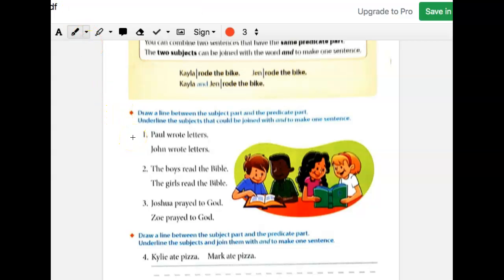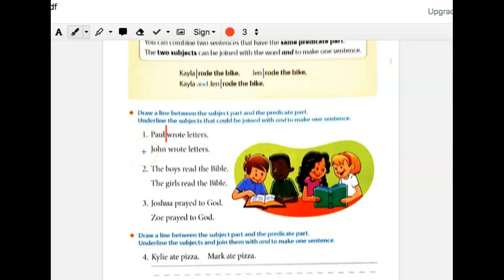Number 1. Paul wrote letters. John wrote letters. For the first sentence, where do we draw the line to split between the subject part and the predicate part? Well, the sentence is about Paul, and wrote letters tells us what Paul is doing, so we draw the line between Paul and wrote.